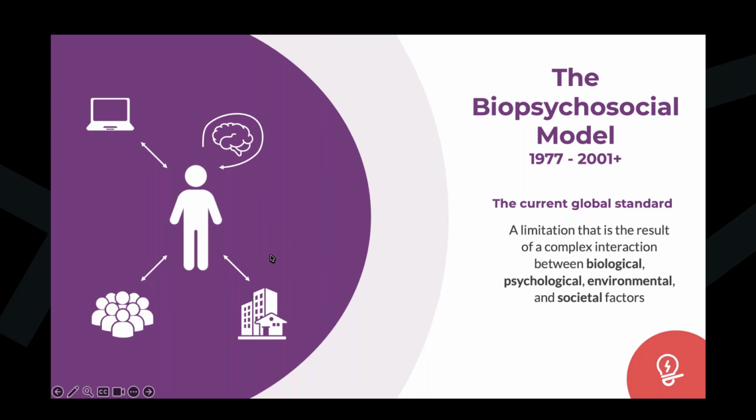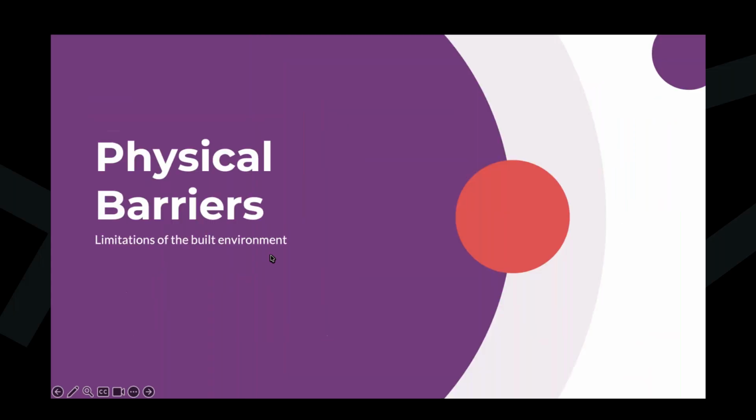So we have biological, psychological, environmental, and societal factors that all go into the definition of what it means to have a disability. And this is the model that I feel everyone should adopt and that most savvy organizations have already adopted. Okay, so now that we have a definition, let's go into looking at some physical barriers.